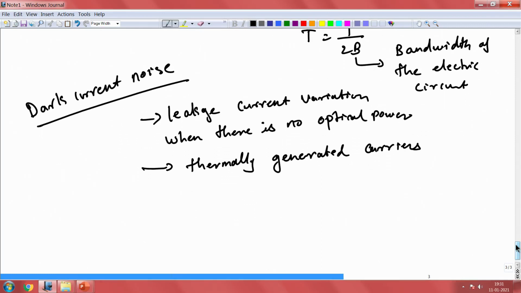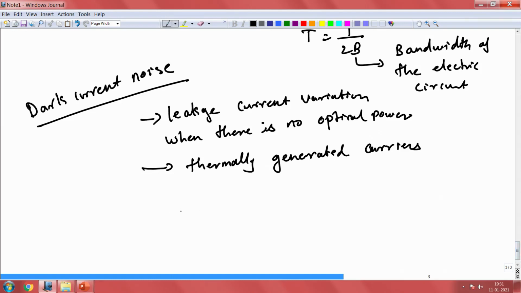So, this random fluctuation about the average photocurrent that you create is basically your dark current, right, and this will look similar to the shot noise that we have, right.